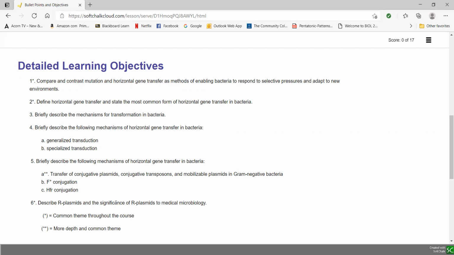And because conjugation is rather promiscuous compared to transduction and transformation, this can be transferred to other unrelated bacteria. It doesn't even have to be the same genus and species of bacterium. And in conjugation, we're going to specialize on how it works in gram-negatives, which is going to involve a conjugation pilus. So let's take a look at the answers for objectives 5 and 6, dealing with conjugation.